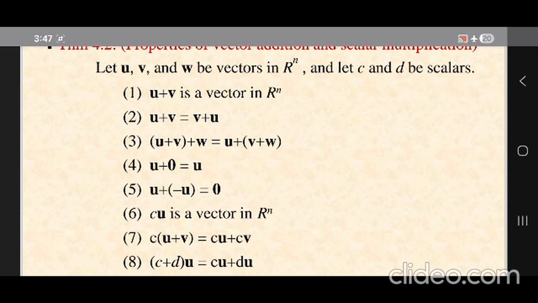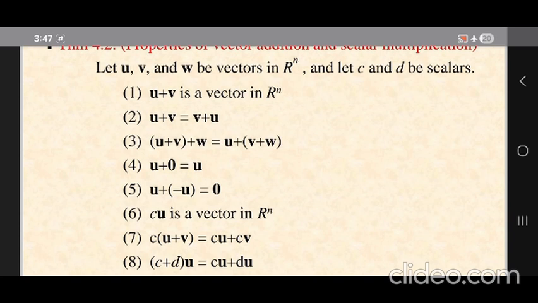On the left hand side, first the two vectors are added, then add the w vector; on the right hand side, first the last two vectors are added, then add the u vector. Then the fourth property, u plus 0 equals u, where 0 is the additive identity vector.